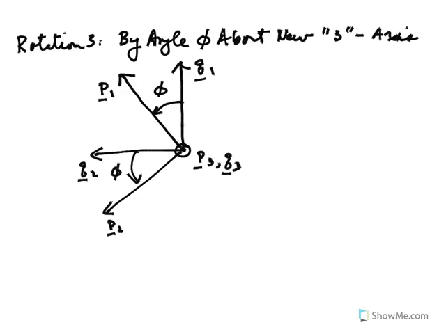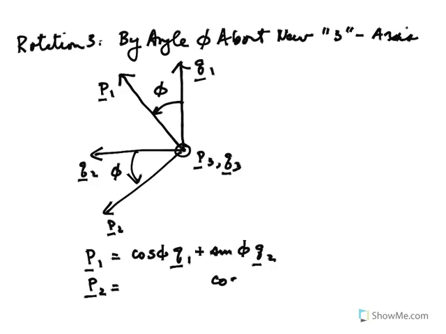So from this last set of expressions, we actually get that P1 is equal to cosine of phi times Q1 plus the sine of phi times Q2. P2 is equal to cosine of phi times Q2 minus the sine of phi times Q1, and then P3 is equal to Q3.